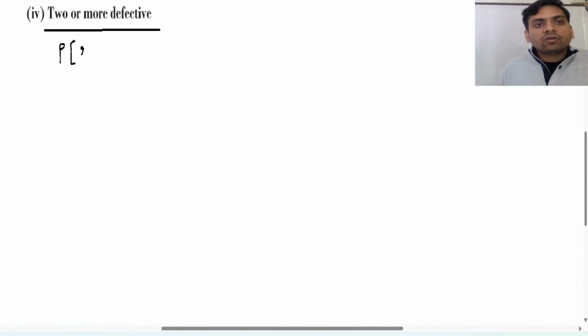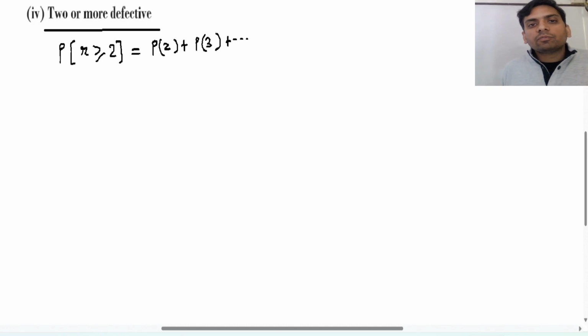Probability of R greater than or equal to 2. And you can write this as probability of 2 defect plus probability of 3 defect, and this is up to probability of 100 defect.